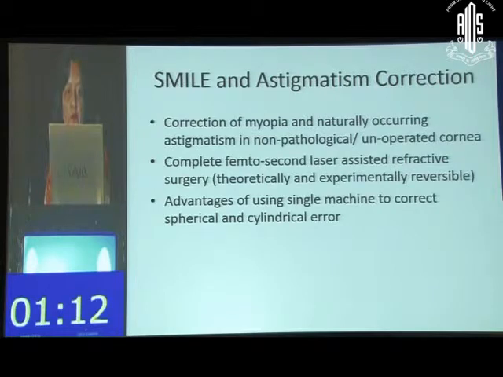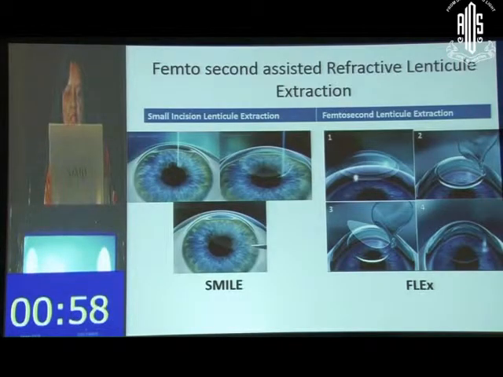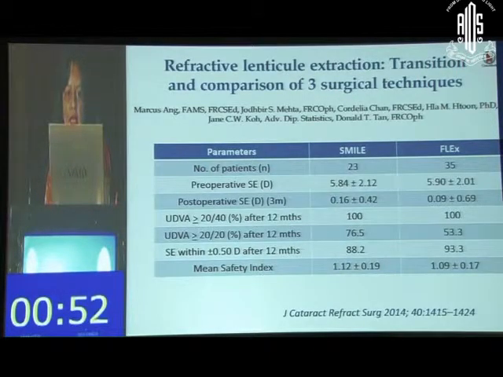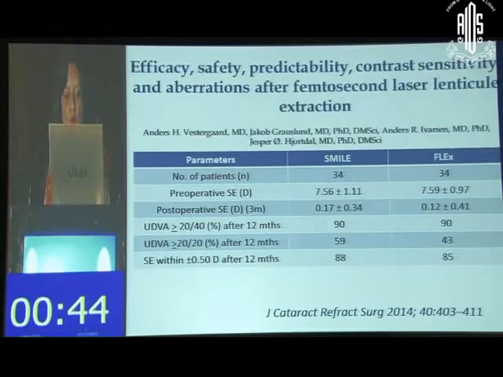Then you can also, to correct astigmatism, do SMILE, which is the use of femtosecond laser and a machine which does both. And I'm sure Praveen has a lot of experience with this, which can be done either as a FLEx procedure or as a SMILE procedure. And this was the study again in which they have compared SMILE and FLEx for astigmatism and found similar results with both of them.